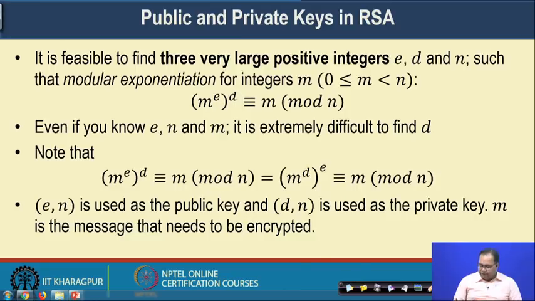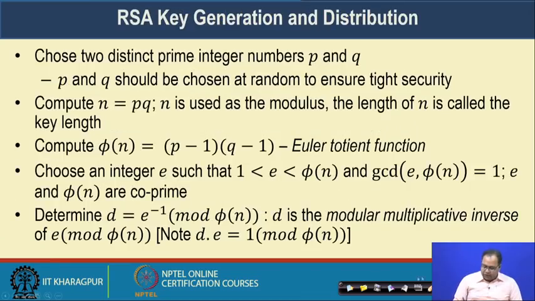Once you have generated the values d, e and n, you keep the private key with you and make the public key public to everyone. So, you publicly announce the public key, but do not announce the private key; keep it with you.